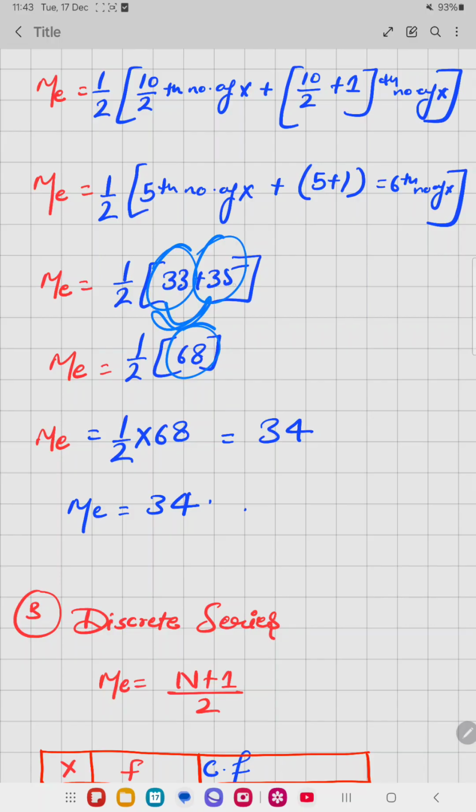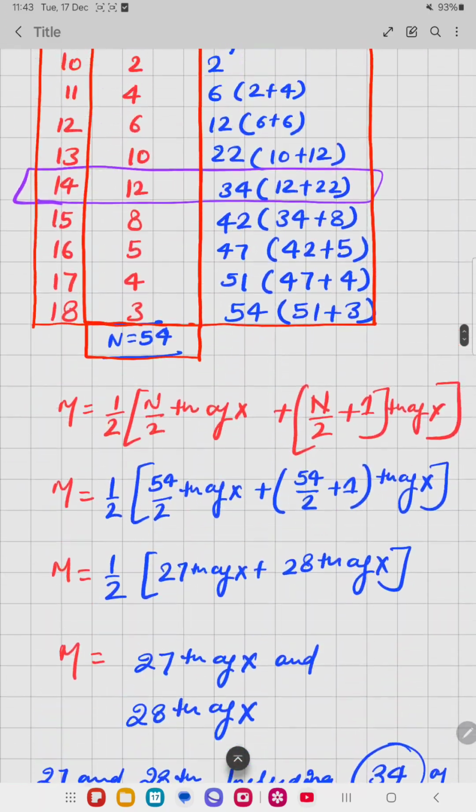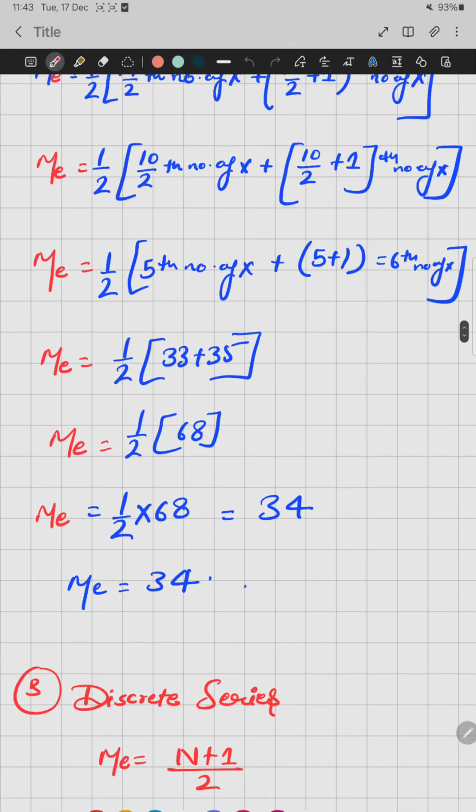So here 1 by 2 into 68 will be 34. The median will be 34. This is for the even number.